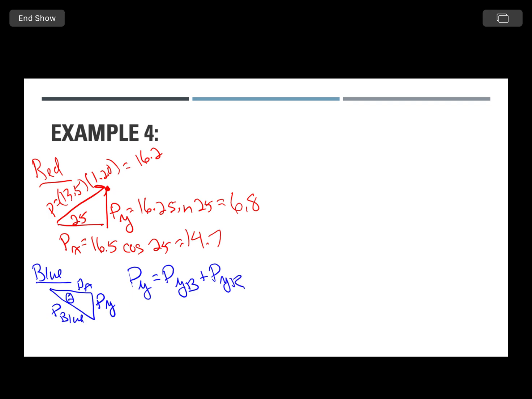Okay, so our PY was 16.3 going down, so I'll put that as a negative. There we go. Now I want you to see if you can find the X, pause the video, see if you can find the X direction.